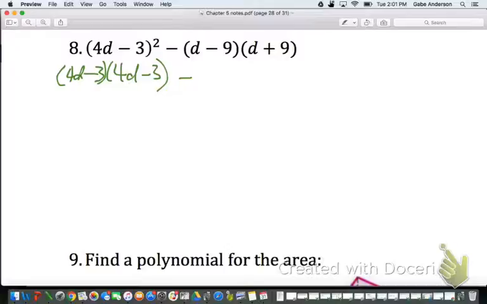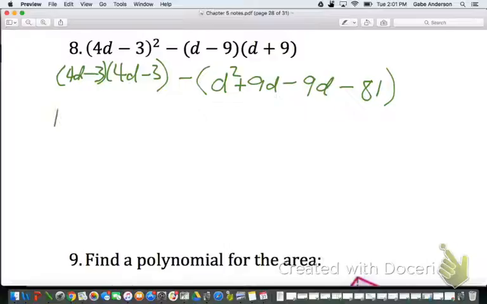What do you guys see happening in that second set of parentheses? It's a FOIL, right? It's a binomial times a binomial. So when I FOIL, it's going to be d squared minus 9d plus 9d minus 81. On the left, I'll FOIL that.